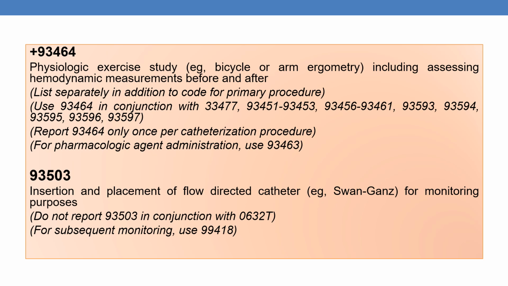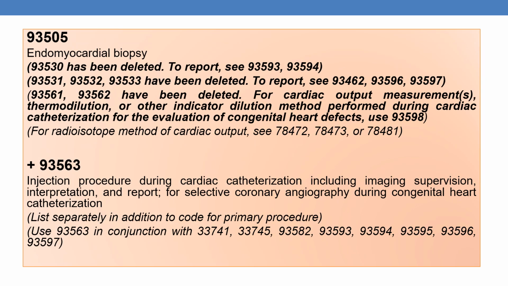The next code is 93503, insertion and placement of flow-directed catheter, for example Swan-Ganz, for monitoring purpose. Next is 93505, used for endomyocardial biopsy.